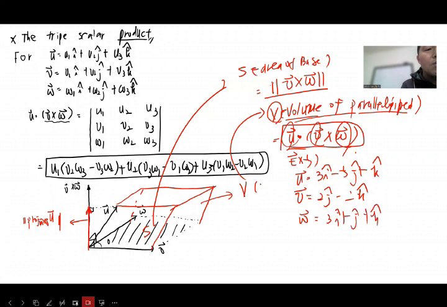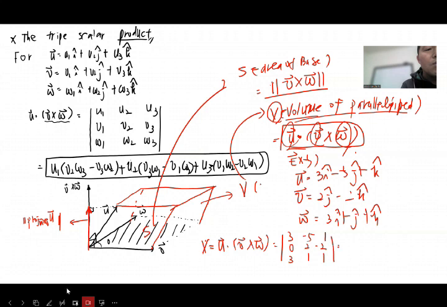From that, you can easily estimate the volume with this triple scalar product, which is the matrix 3, minus 5, 1; 0, 2, minus 2; and 3, 1, 1.